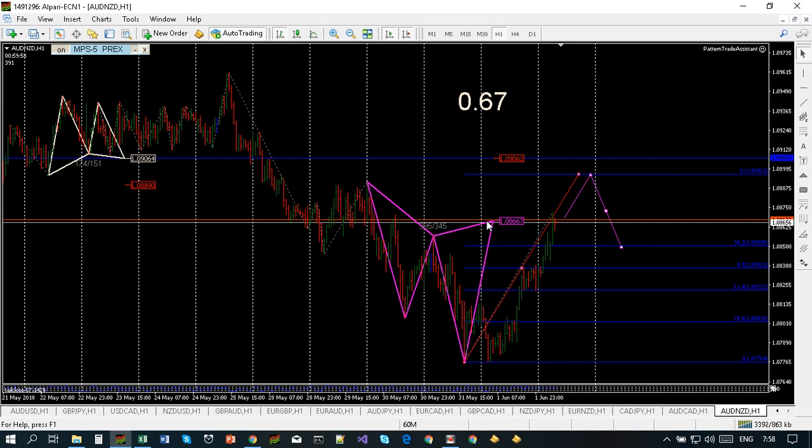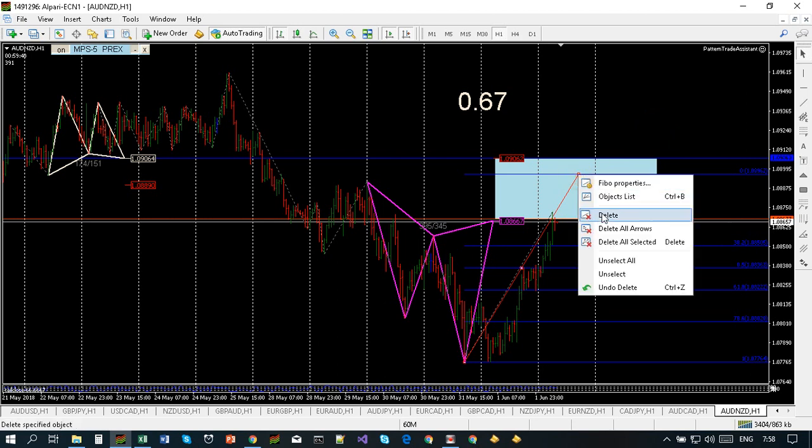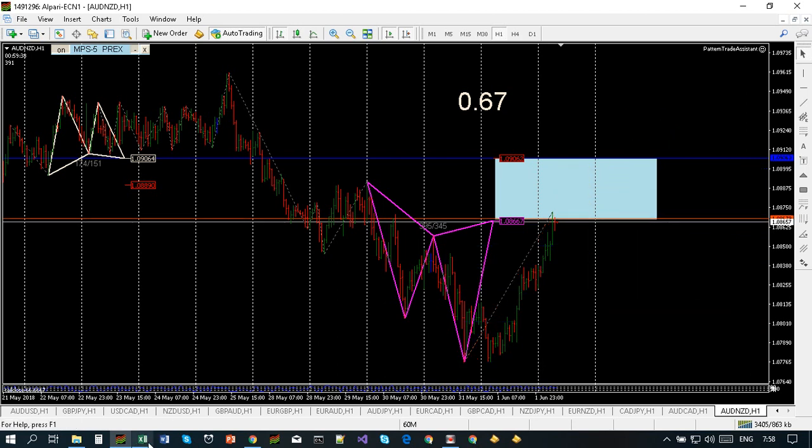What is the probability that the cipher somewhere within this zone from here to here will hit this 382? What does your backtesting say? Okay, I know that the creator of Cypher says that it is 80% accurate. I know that they say this, but it's not the reality.